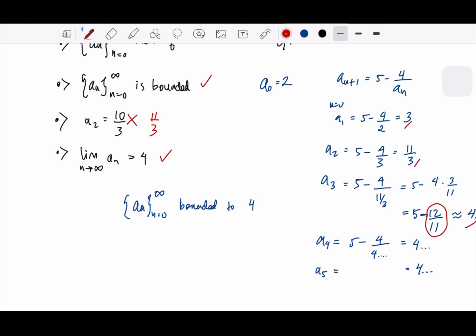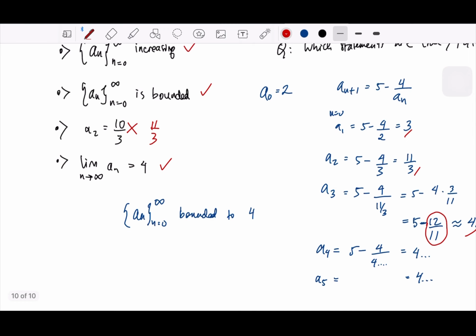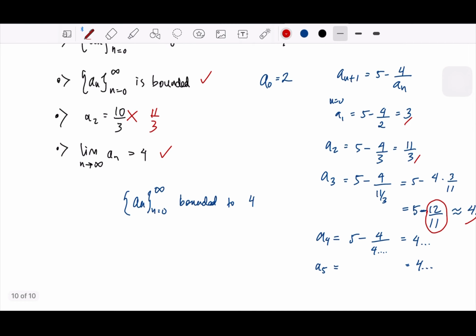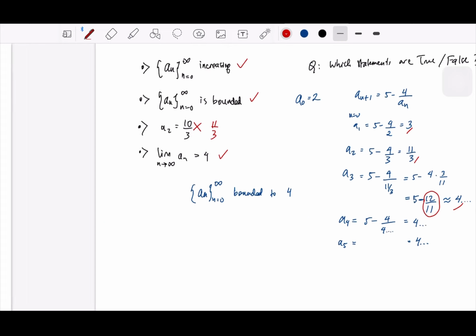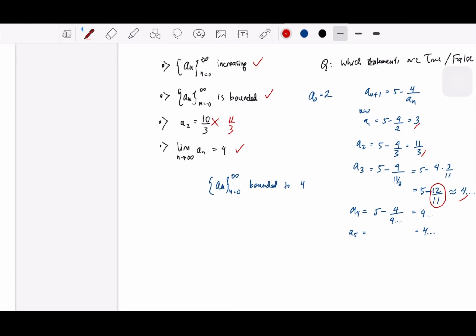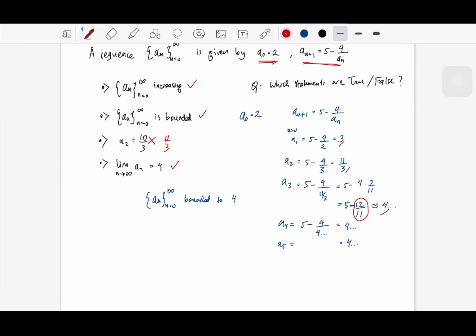So the sequence is increasing and bounded, and the limit of the sequence is equal to 4. So we will have: this is true, this is true, this is false, this is true. That's how we can solve the answer.